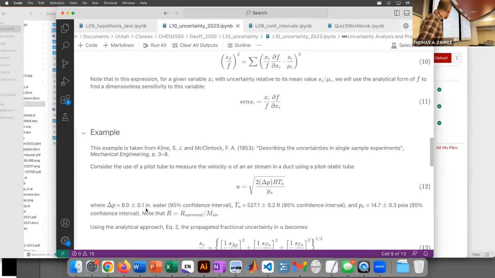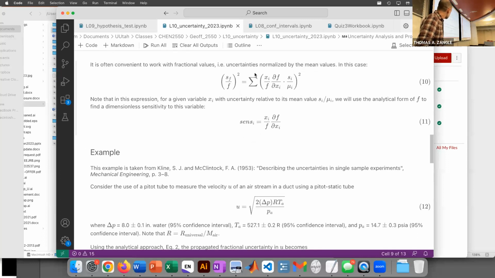Like we have inches of water, we have PSI, pounds per square inch. We have Rankine for temperature. But if we use equation 10, everything here is non-dimensional. Nothing here has units. All those units will drop out of this expression.